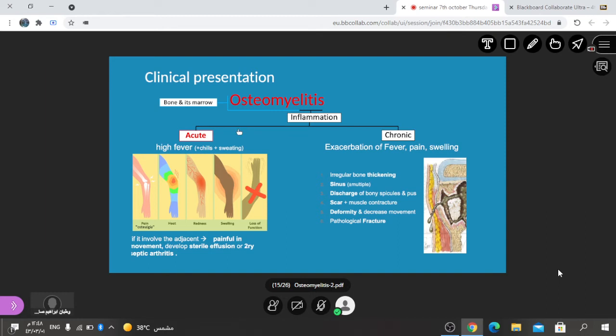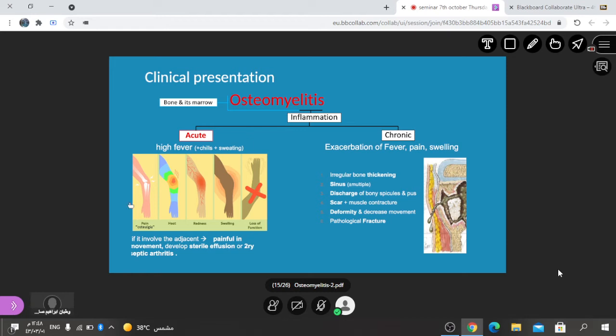Acute is mostly in children, with sudden onset, and is characterized by high fever, and that fever will have adjacent symptoms like chills, night sweating, and rigors. In the acute stage, we have 5 cardinal signs.